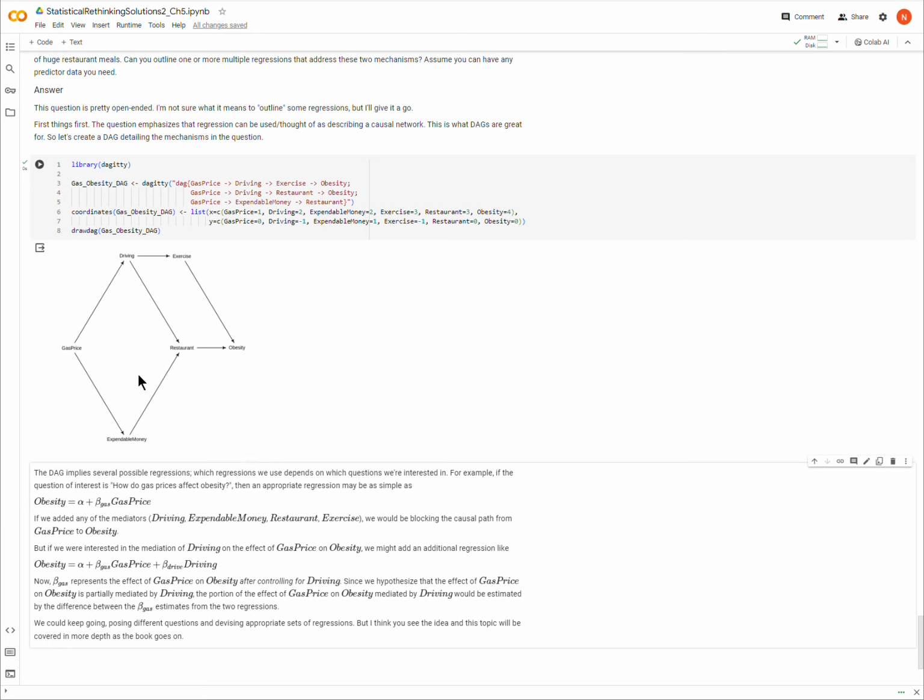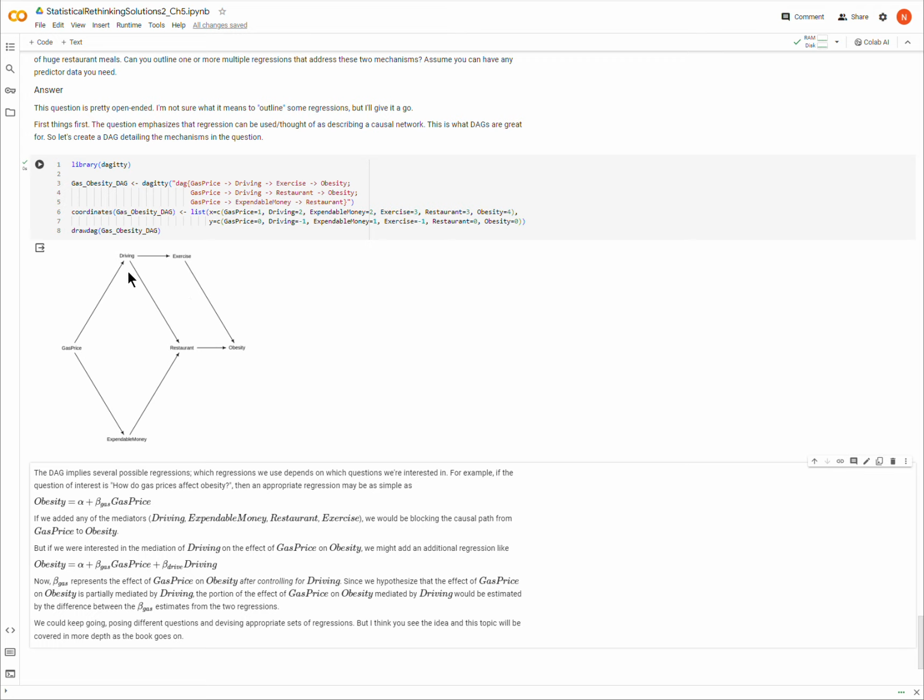But now let's say that I was interested in one of these mediating mechanisms. And so I think that the example that I use here is driving. So what if I was curious about the extent to which the effect of gas price on obesity was mediated by driving, right? So now, again, the effect of driving has several paths. It has this path and this path according to my DAG, right?